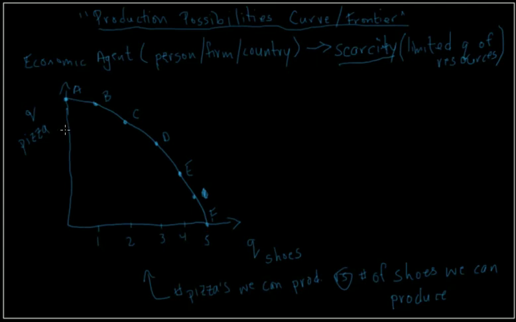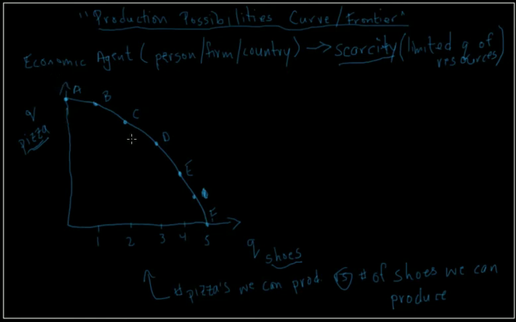If we own a pizza store on Main Street, and we also own a shoe factory, and we're hiring employees, and we're buying components to make our pizzas and our shoes, we've got to think of the limiting factor. To me, one of the major limiting factors here would be human labor, human hours.